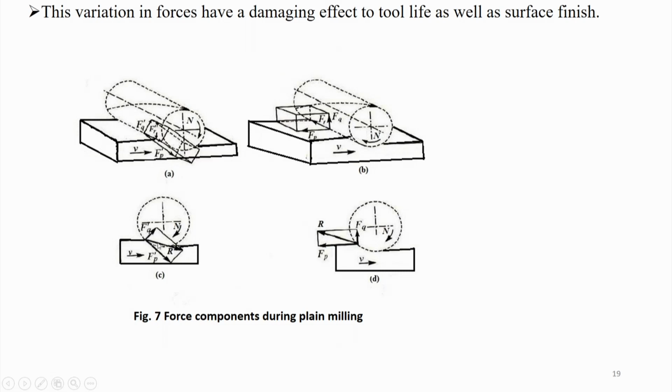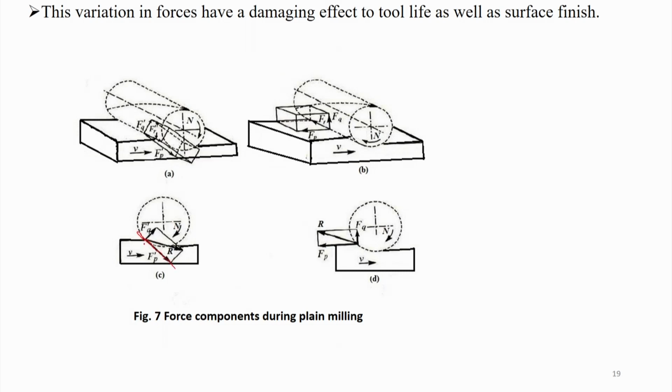These forces are shown here. Suppose this tool is there. Actually this cutter is applying a force in this direction on the workpiece, so the workpiece is applying a force on the cutter in this direction, that means Fp prime.